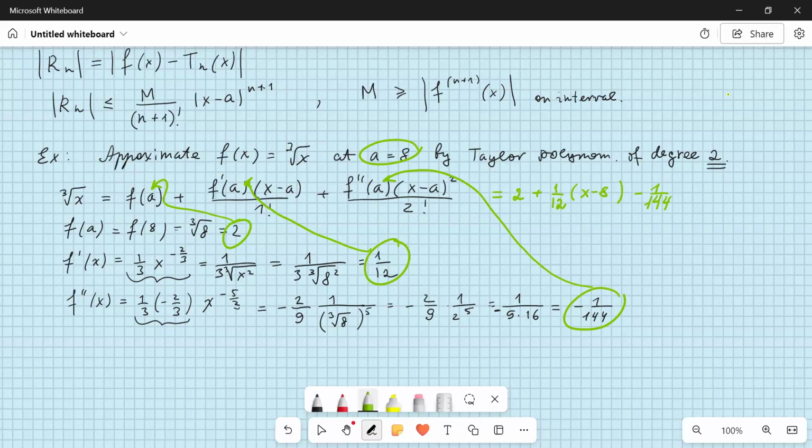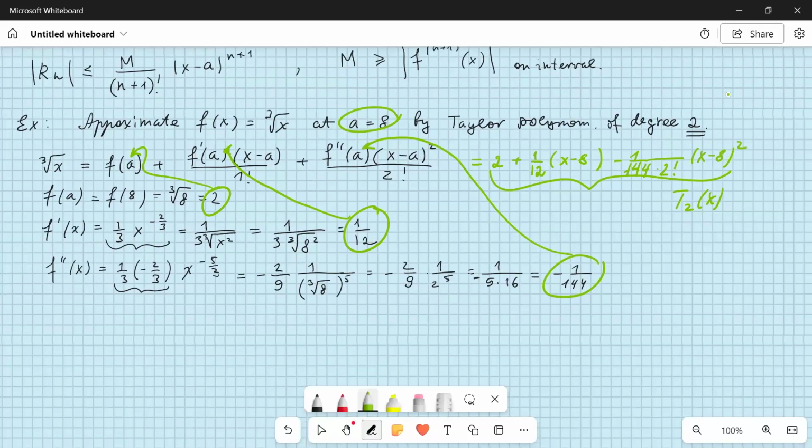Now, we also need a factorial. I'm going to write 2 factorial, and also x minus 8 squared. So that's a polynomial. That's T2 of x for the cubic root near 8. Okay. Well, maybe we should multiply 144 by 2 and get 288. I'm going to do it.